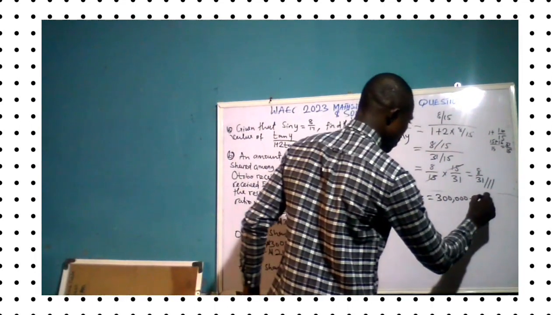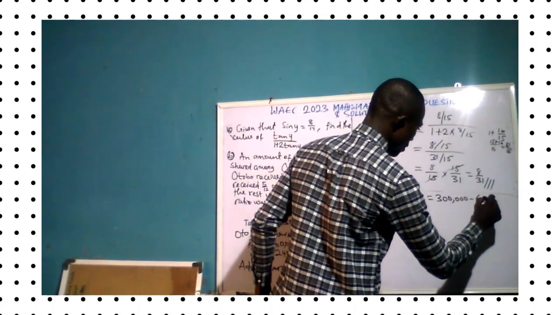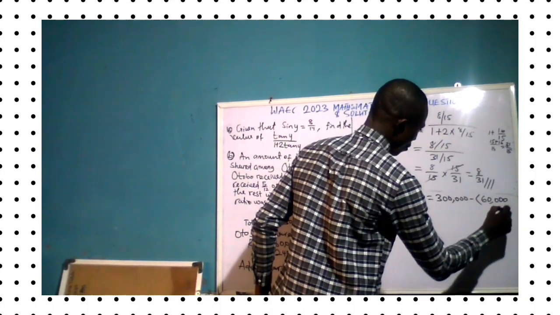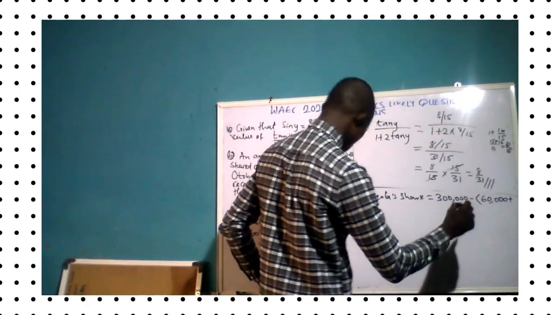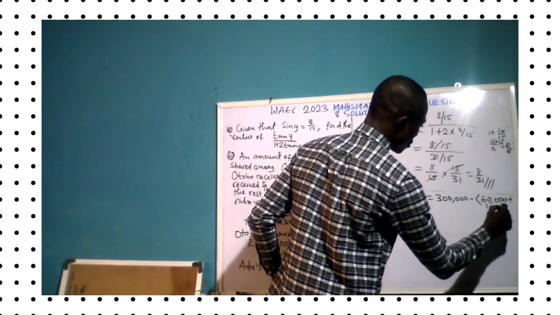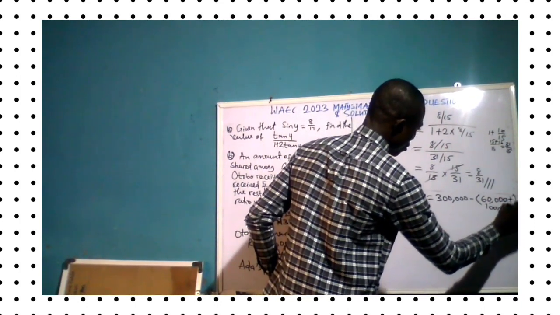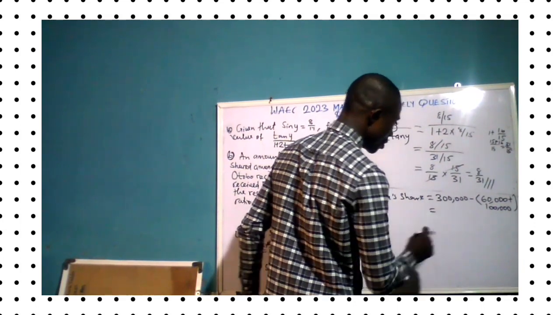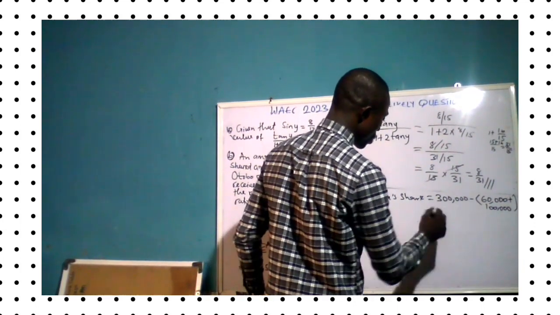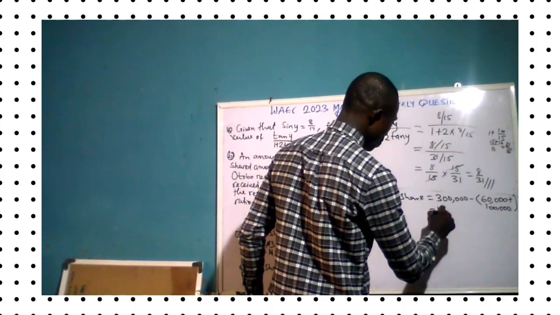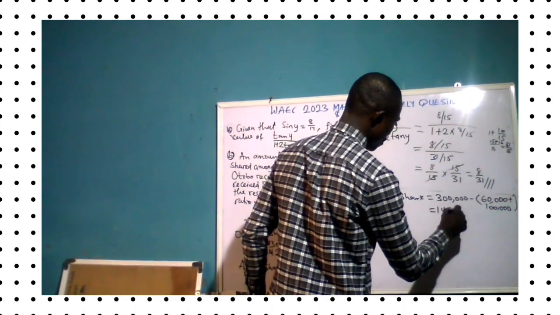So that will be 300,000 minus 60,000 plus 100,000. That will give you 160,000 naira. 300 minus 160 would be 140,000, of course in naira.